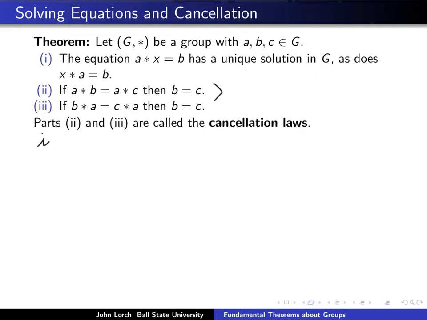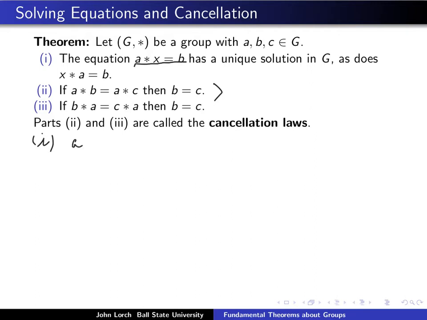So for item 1, if we want to see why this is true, let's just start by solving the equation A times X equals B. Well, what do we need to do? We would like to multiply by A inverse on both sides.